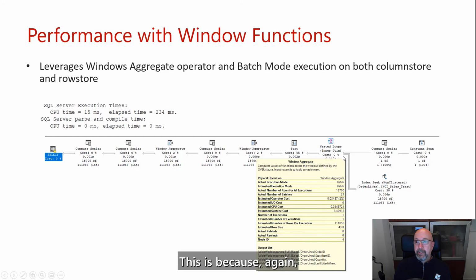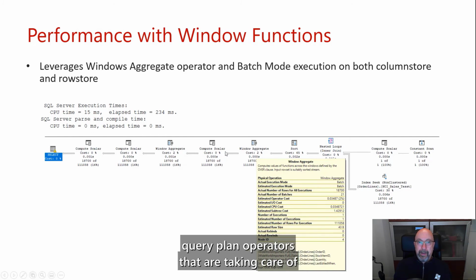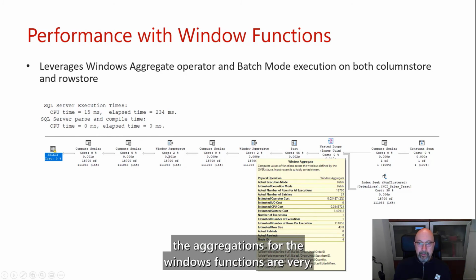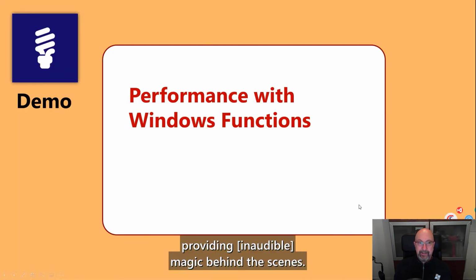This is because of the batch execution mode, in addition to these new query plan operators that take care of the aggregations for the window functions, which are very powerful and provide the magic behind the scenes.